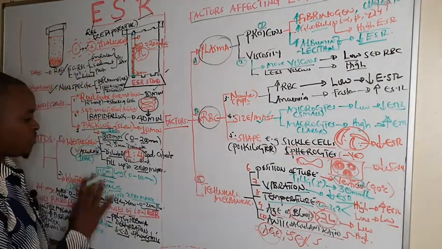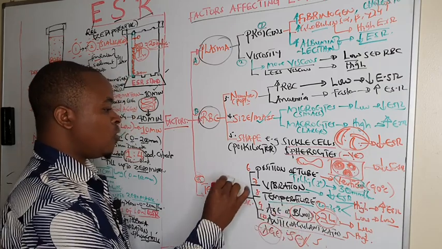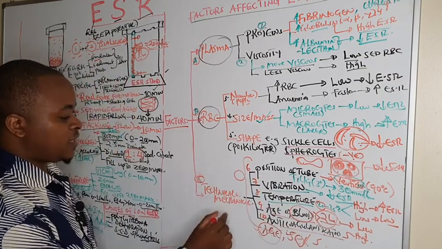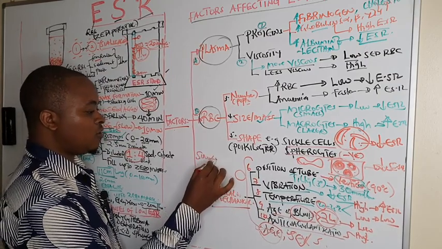So hope you have learned with us and you are able to know the sources of error. If these ideals and the technical factors are not observed, they result into what we call sources of error.